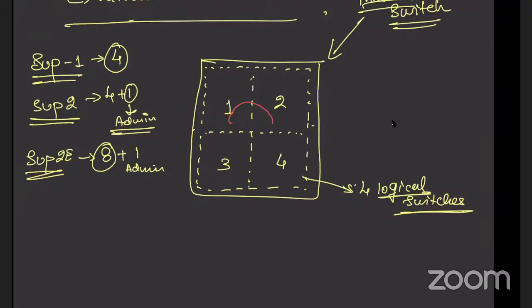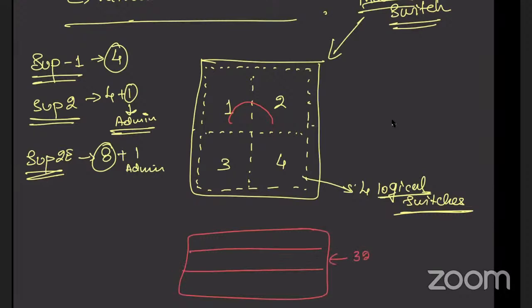Now, related to your shared resources, again, there are different types of resources. One is CPU, for example. CPU is going to be equally divided between the number of logical switches that you create. Related to your interface or line card configuration, for example, if you have a particular line card in your physical chassis, say a 32 port line card.